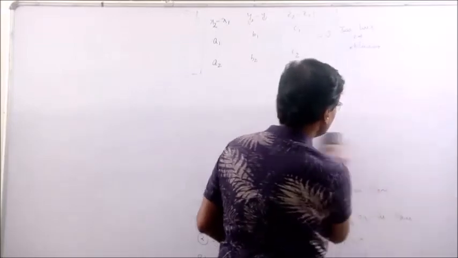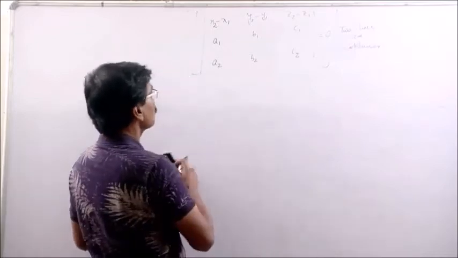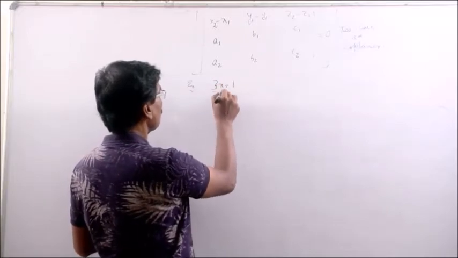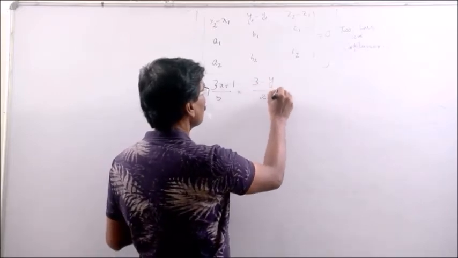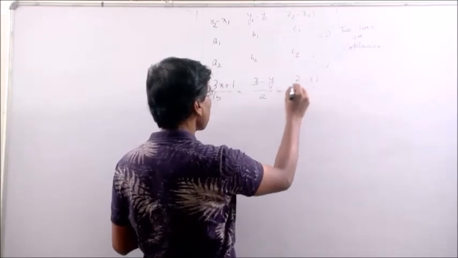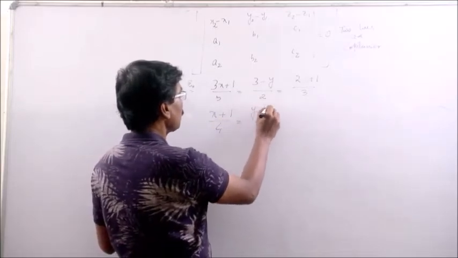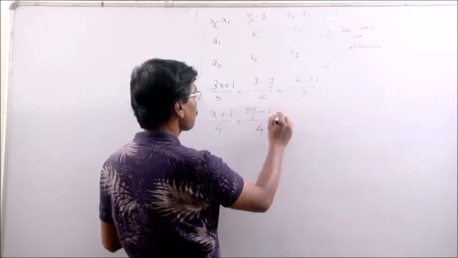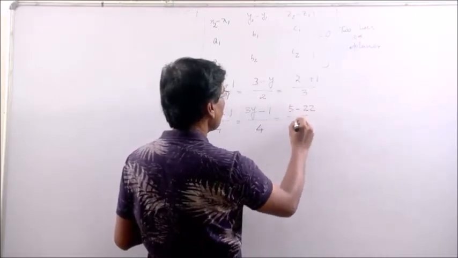So how do we check whether two lines are coplanar? Suppose we are given two lines, (3x + 1)/5 = (3 minus y)/2 = (2z + 1)/3, and (x + 1)/4 = (3y minus 1)/4 = (5 minus 2z)/3.